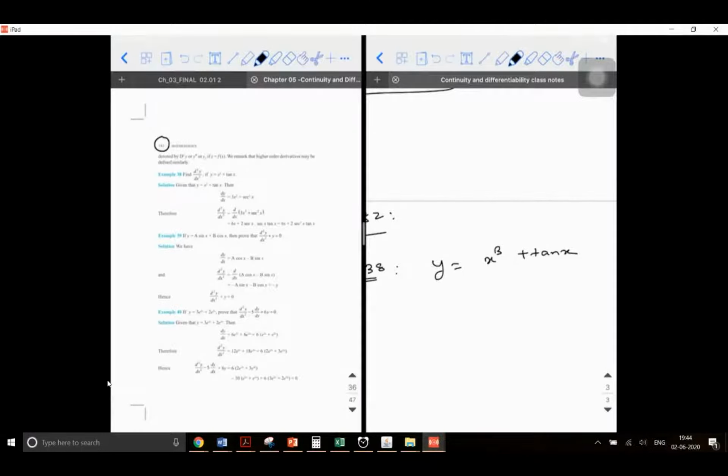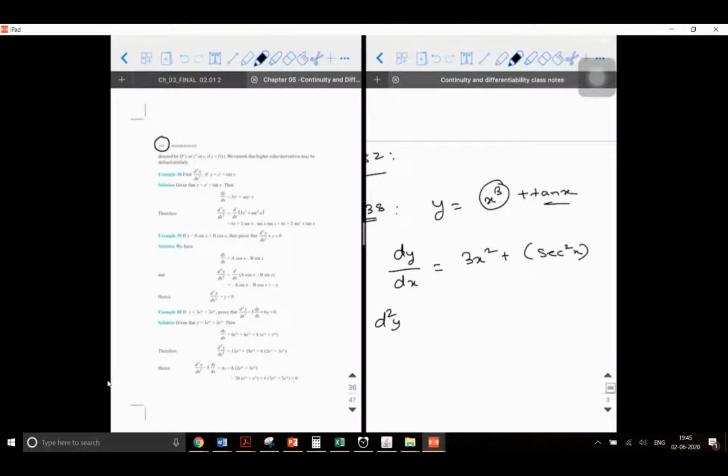Now how do I find the second order derivative? Similarly, the second order derivative d square y will be equal to, what is it going to be?